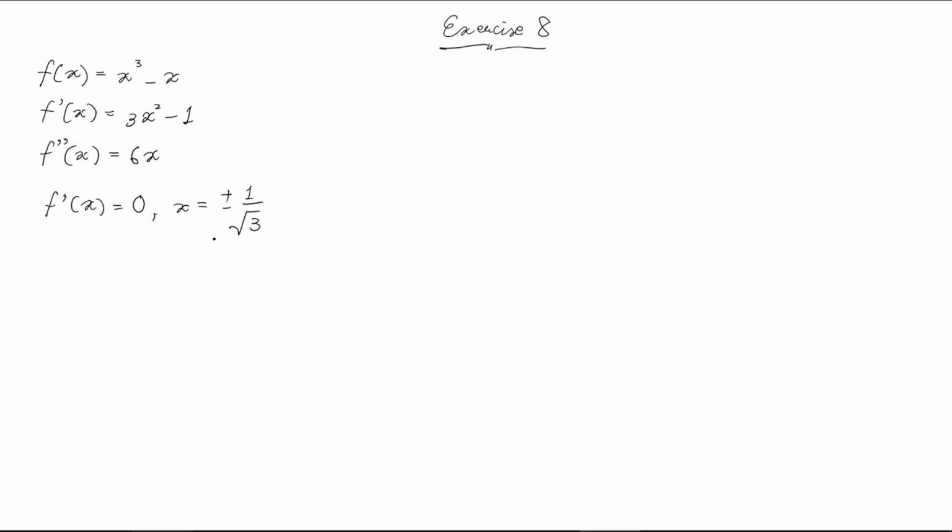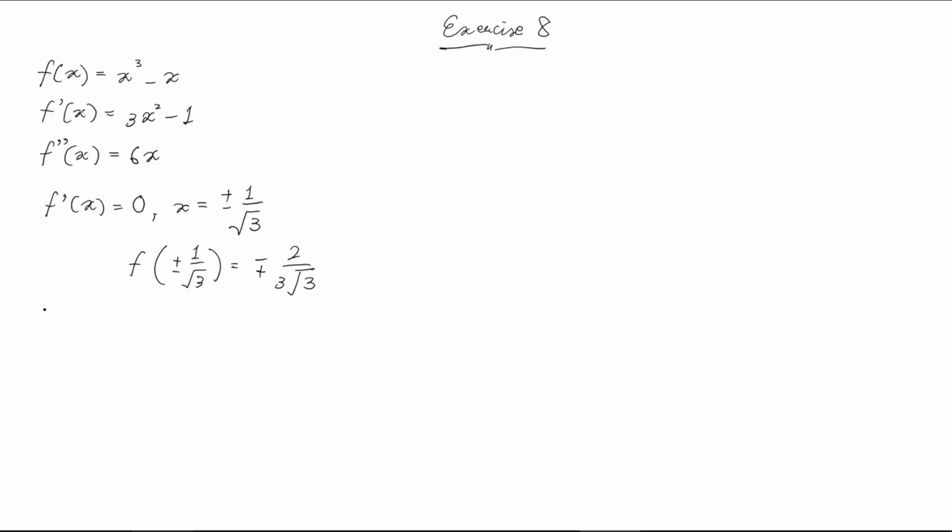So there are actually two values, and the corresponding value of f, well, surprisingly, if you would like to write it like this, it's also acceptable. For the positive value, you will get a negative 2 over 3 root 3, and for the negative 1 over root 3, you will get a positive. So it's like this, in a reverse case.